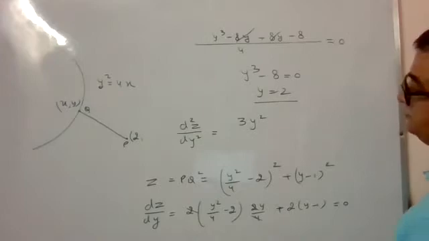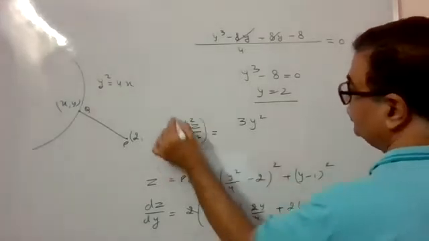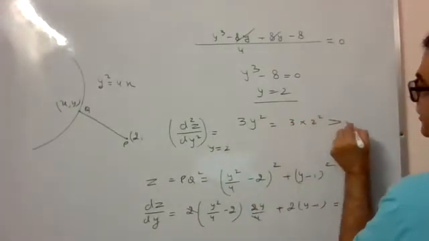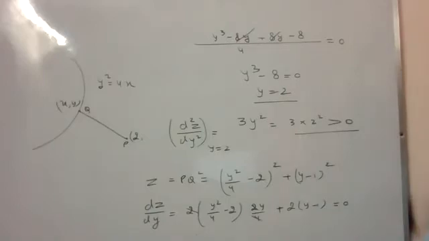At y equal to 2, it is 3 into 2 square, a positive value. That means the length comes out to be minimum.